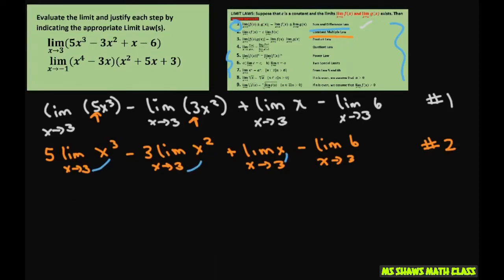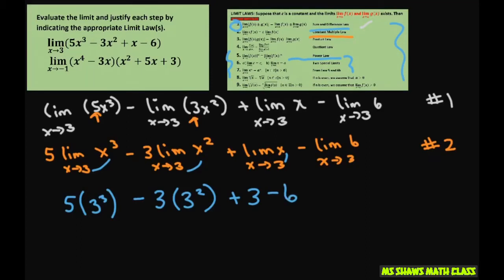So we're going to have 5 times 3 cubed. That was the power rule. So we're using some of these laws. Minus 3 times 3 squared plus 3 minus 6.